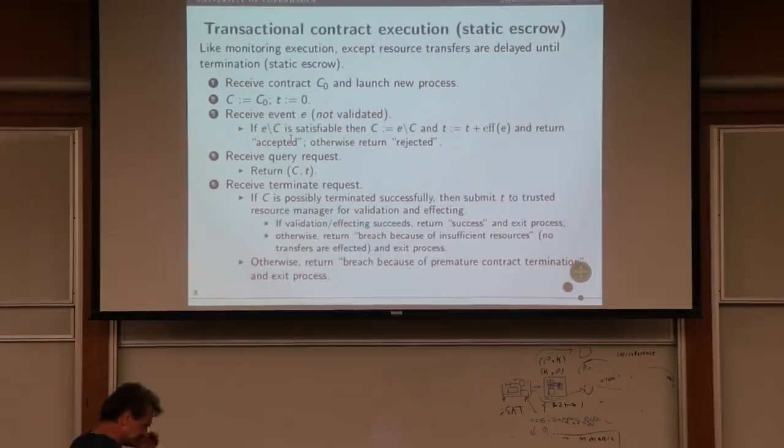So what can we do with this? Imagine that we have such a semantics. We can execute it in a standard fashion, or we can actually monitor it actively. The active part consists of the following. For many contracts, you want to make sure that they get executed to completion, so we have a happy path. Or if they don't get executed to completion, there's basically a breach of contract in the middle.